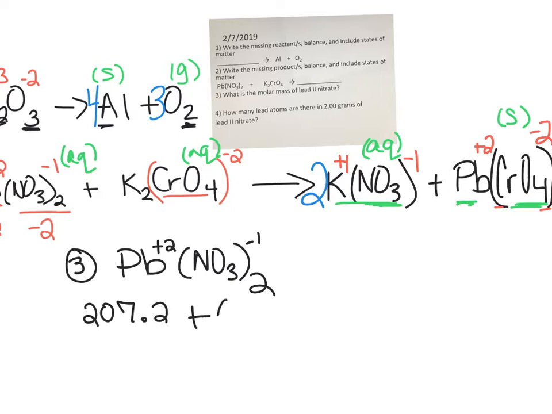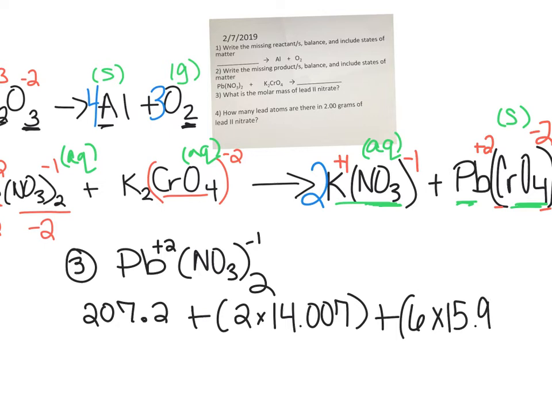We're going to add it to how many nitrogens? 2 nitrogens, good. Plus, how many oxygens? 6. Okay. So type it in your calculator, get it on your screen. Shout out the answer once you got it, and we'll double check it.